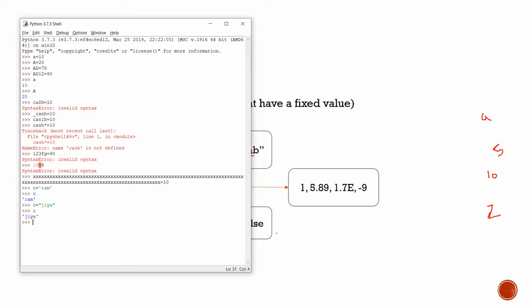Whether you are writing in single apostrophes or double apostrophes, it is considered a literal. Now let us try something else. If I am writing C is equal to '1ki' or '2ki', it is also correct. Anything that is inside the apostrophes, whether it is a number or a special symbol or anything else, is considered a string. Okay, let us try one more.